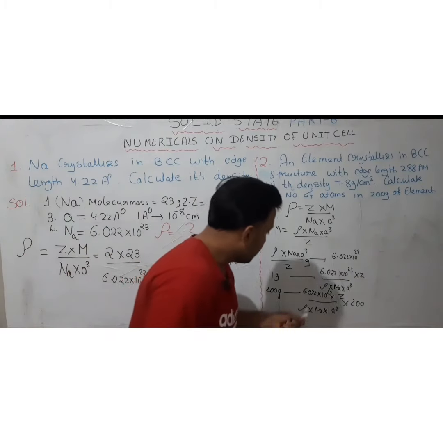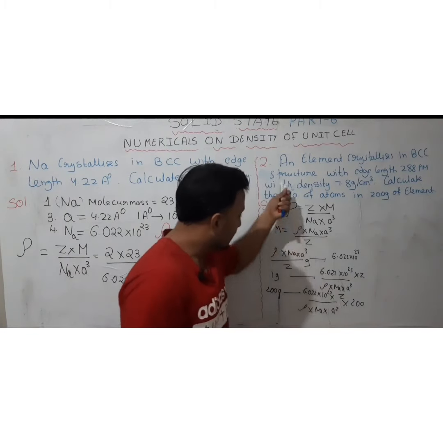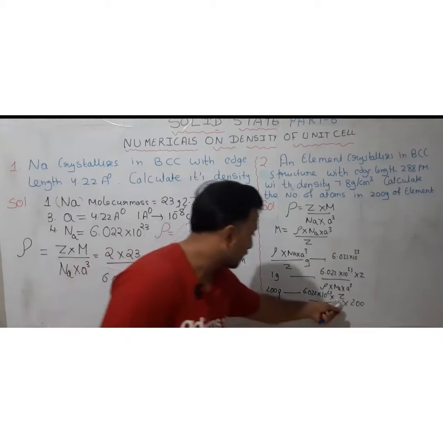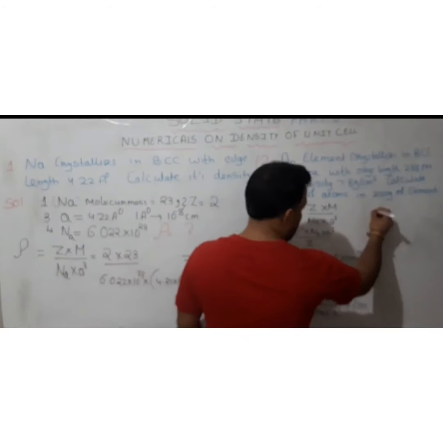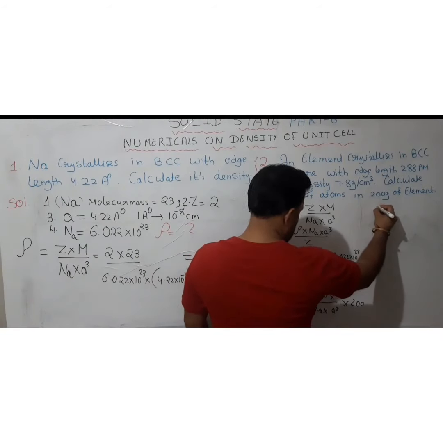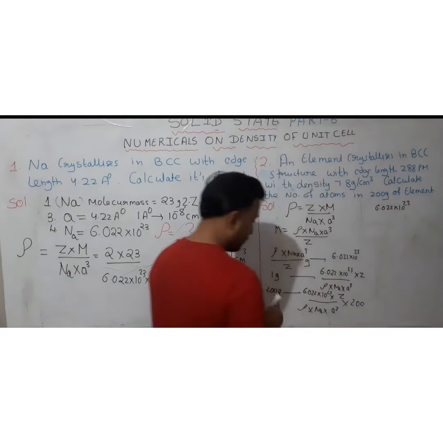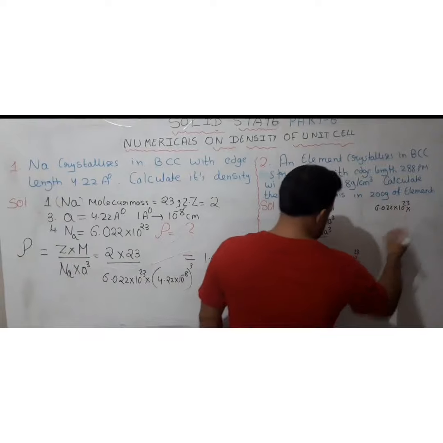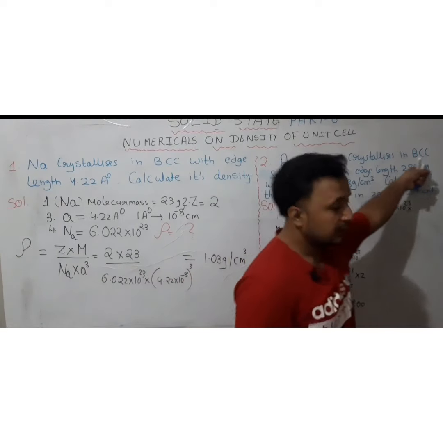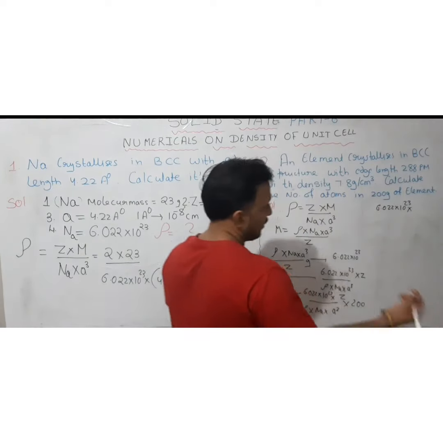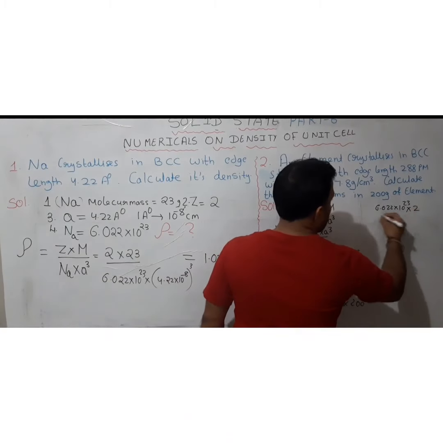Now we are going to put all the values which are given to you in this calculation. It will be equivalent to 6.022 into 10 raised to power 23, multiplied by Z. Z means that it's a BCC structure, so the number of atoms is going to be 2 again.